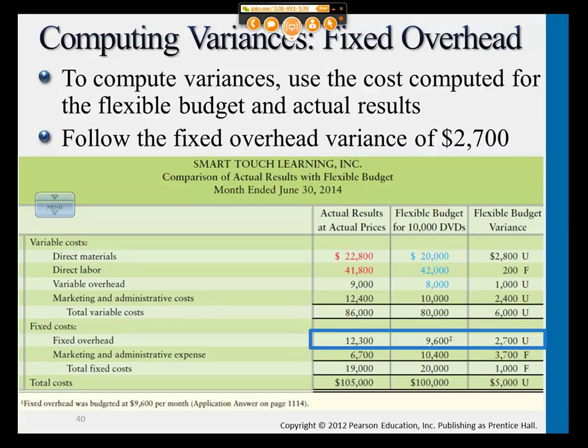And so we calculate total variable cost, total fixed costs, and therefore we have total cost. Make sure that this setting is familiar to you, okay? And so that helps us to calculate all the flexible budget variances, right? We'll make a column to the right from actual results and flexible budget results, and calculate the difference of the two columns, okay?